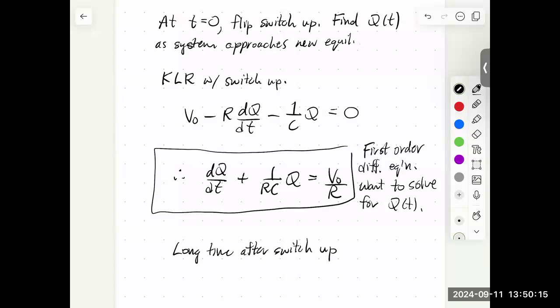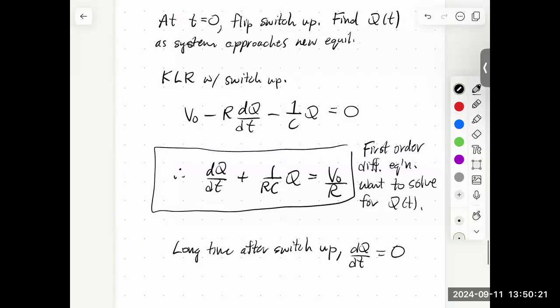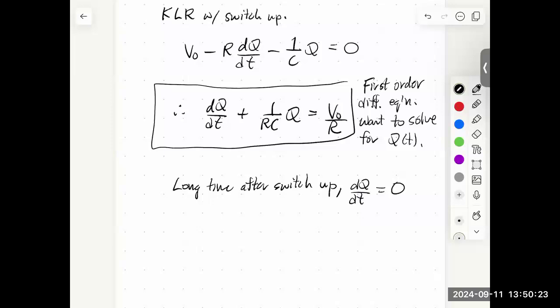A long time after the switch is up, dQ/dt is equal to 0. So that's when we reach the new equilibrium. And so therefore, 1 over RC, Q equilibrium is equal to V naught over R. We cancel the R's. And so therefore, Q equilibrium is equal to C times V naught.